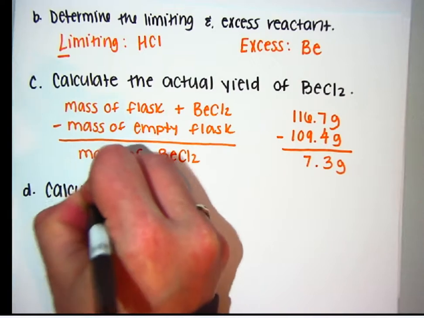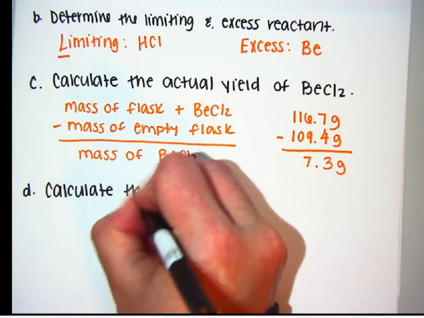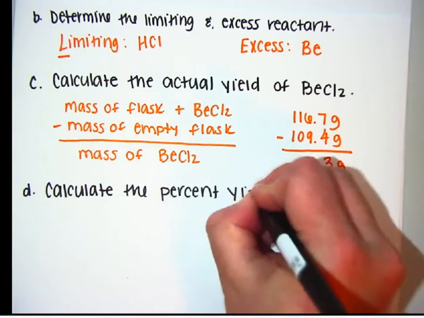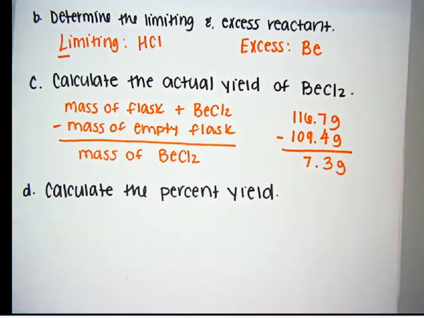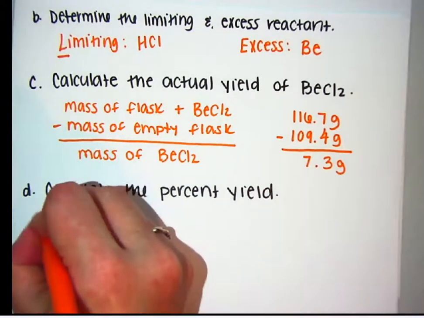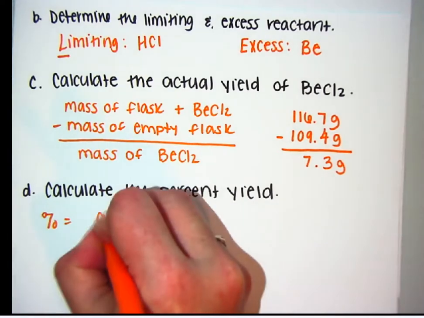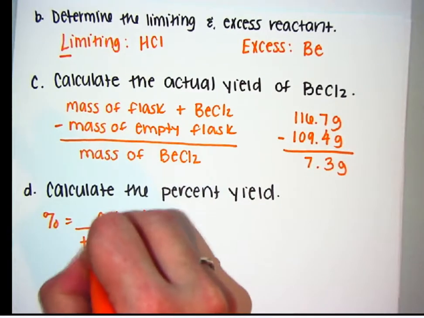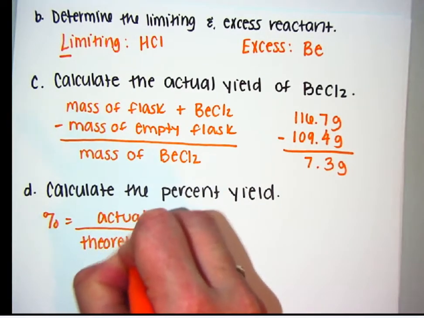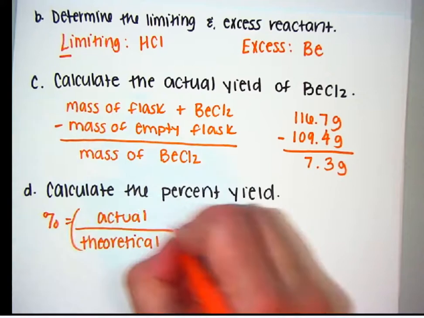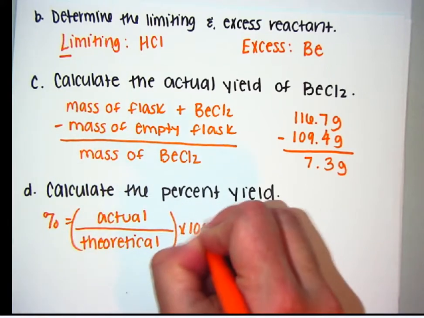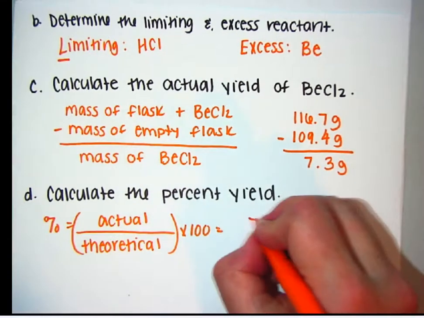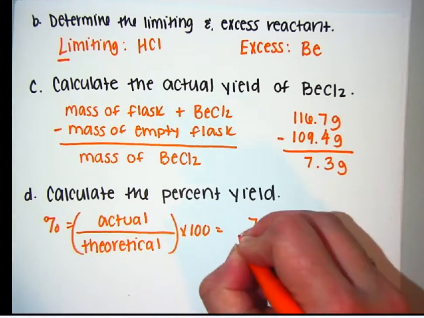Lastly, calculate the percent yield. So again, the equation, actual divided by theoretical times 100. The actual yield, 7.3 grams.